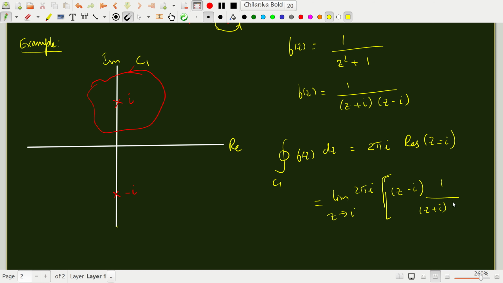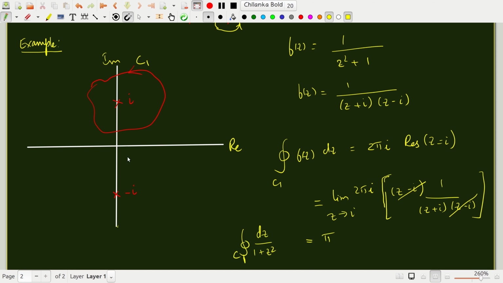This is the formula for residue. So these two terms will cancel, and if I take the limit as z goes to i, this will give me a 2i. So the answer will simply be pi. So the integral of dz by 1 plus z squared over this contour, that's very, very important, is simply pi.